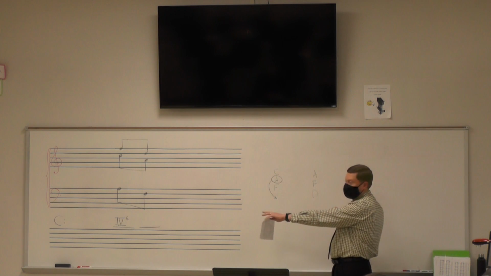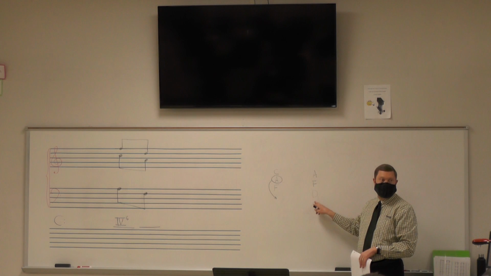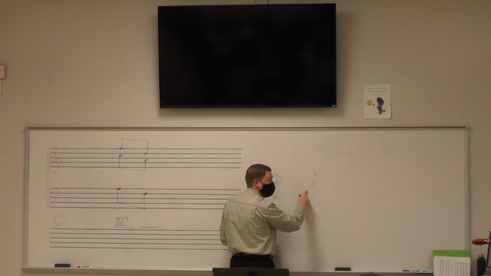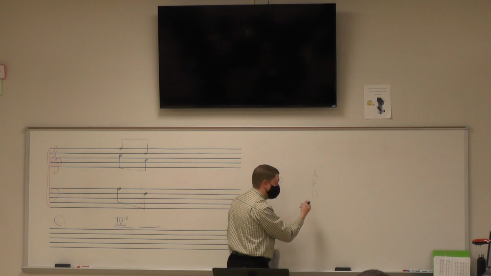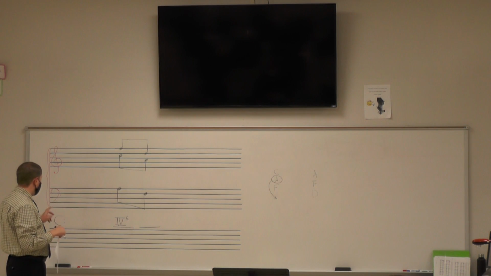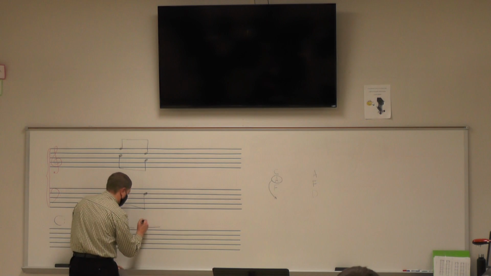Okay, in C major, what scale degree is the root D? Second scale degree, right? Scale degree 2. Okay. And you can either look at the quality of this triad and see that it's minor, or you can remember last unit that we learned that Roman numeral 2s in major keys should be lowercase or minor.